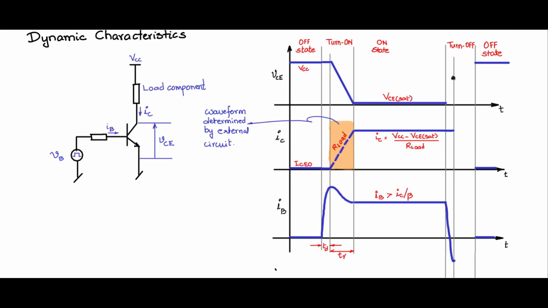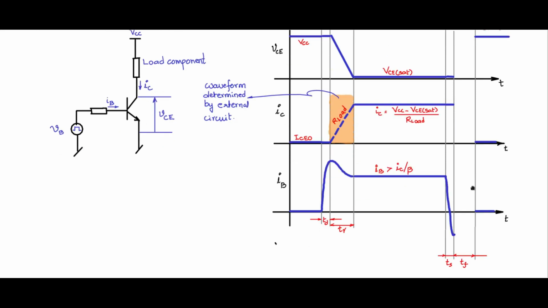What happens to the current and the voltage during this period? It continues in the same fashion, nothing much has changed. And then at the end of the storage time, you will see the onset of the transition, and for that you need to give a base current in this fashion, and the area under this curve is the charge that has to be removed from the base.